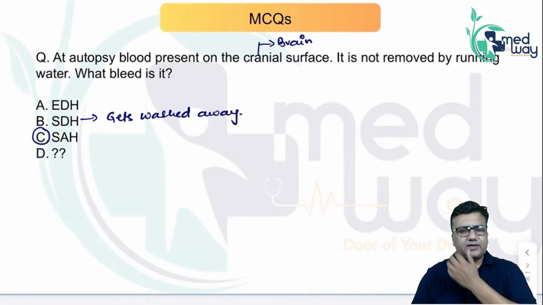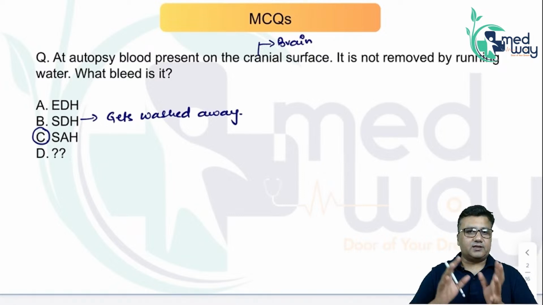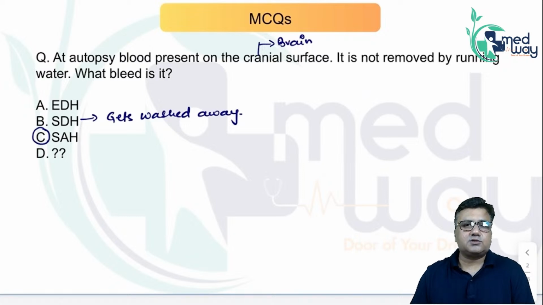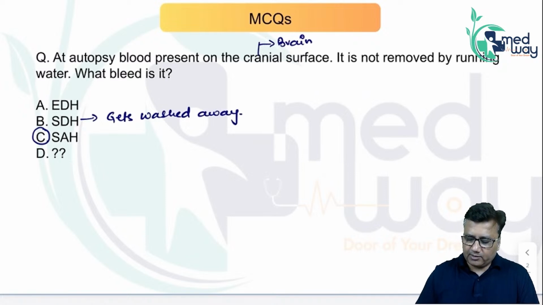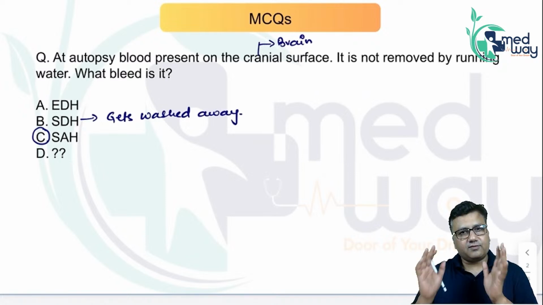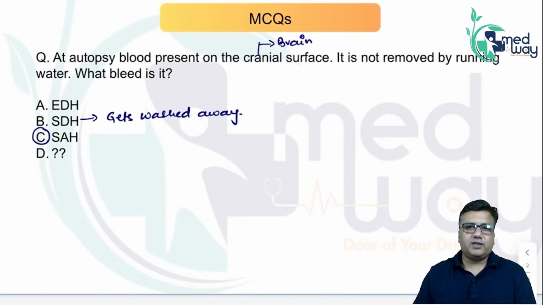A lot of students said the question regarding meningeal bleed was probably another question also, or maybe this question was asked in a different way. Probably one way it was asked was: if there is an extradural hemorrhage, what rupture of vessels causes it?